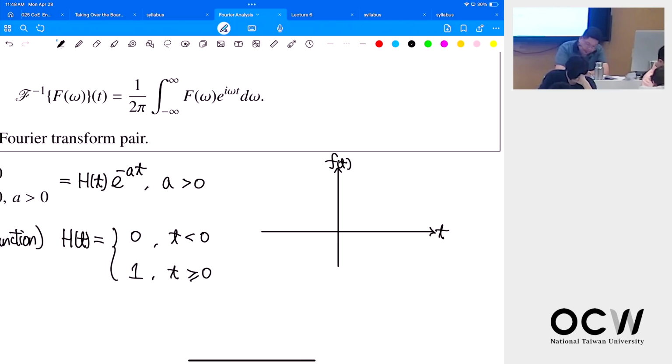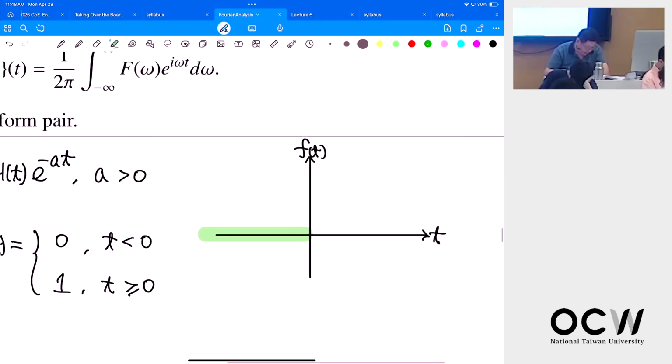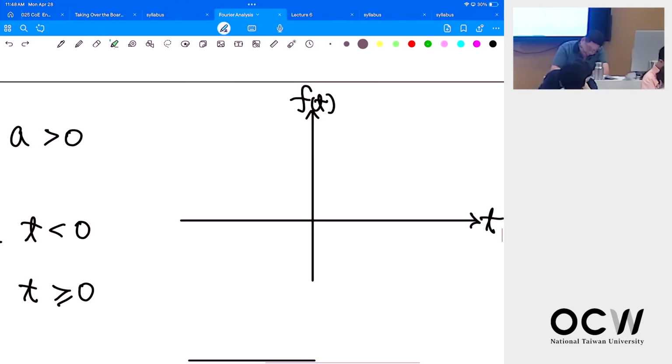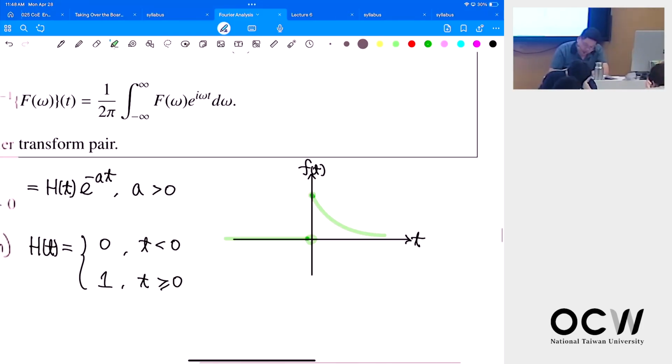Before 0, that's all 0. Once t is greater than 0, it's an exponential.